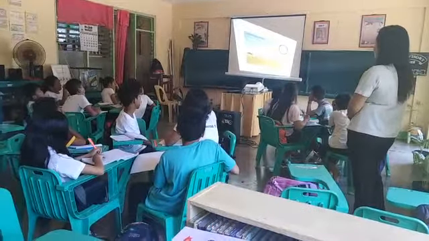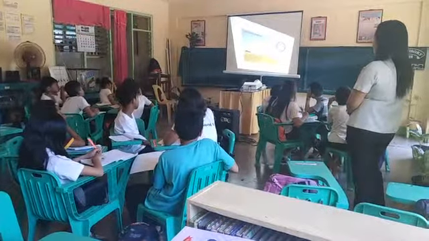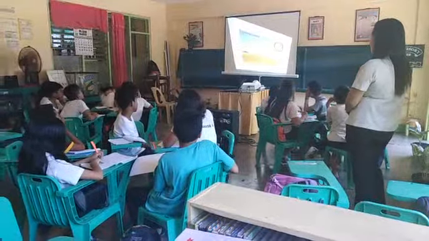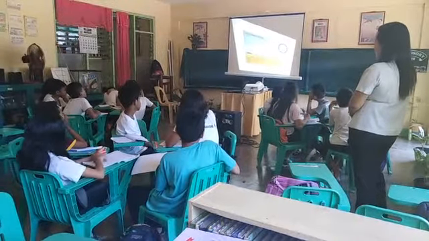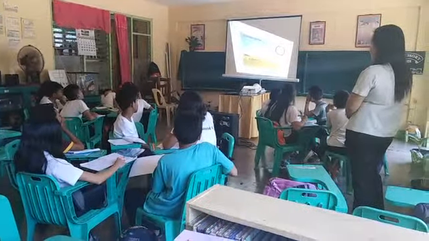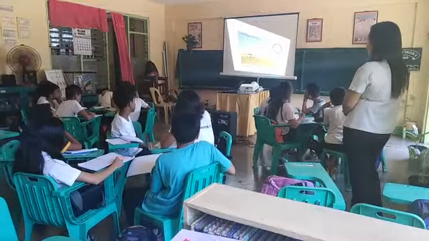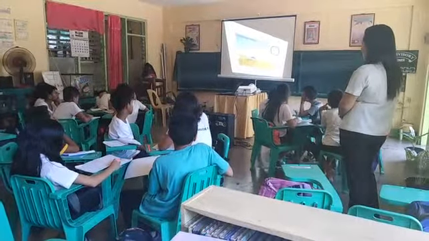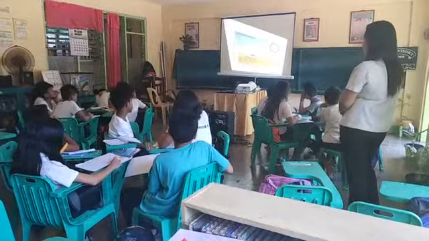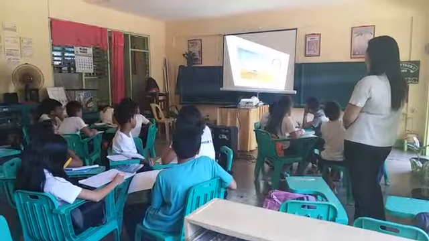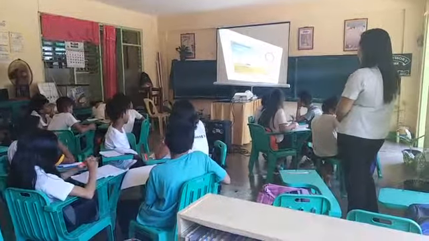Watch this example carefully. This car travels from A to B at a speed of 40 kilometers per hour for 2 hours and continues its journey for 3 more hours from B to C at a speed of 50 kilometers per hour.